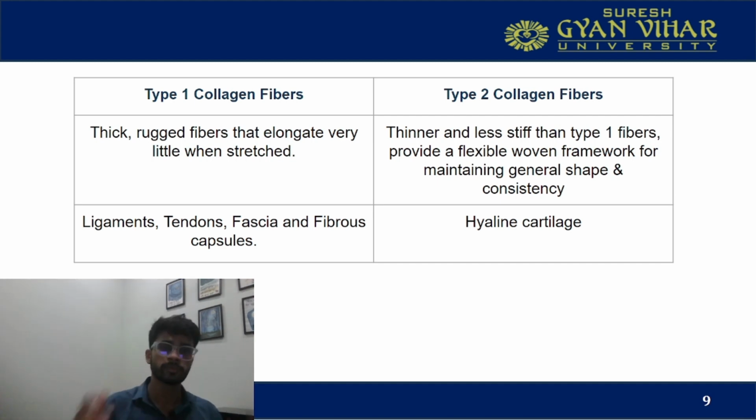Type 1 collagen fibers are present in ligaments, tendons, fascia, and the fibrous capsule, where you need a lot of stability and resistance, so they are composed of type 1 collagen fibers. Whereas in hyaline cartilage, where there is not much need of stiffness or resistance by the tissue, type 2 collagen fibers are present. So this is the basic difference between type 1 and type 2 collagen fibers.